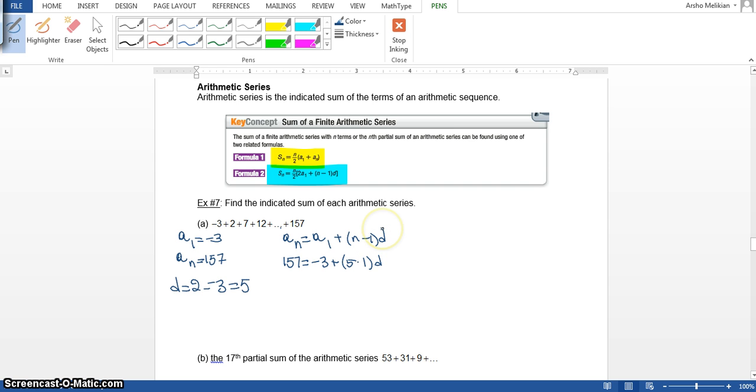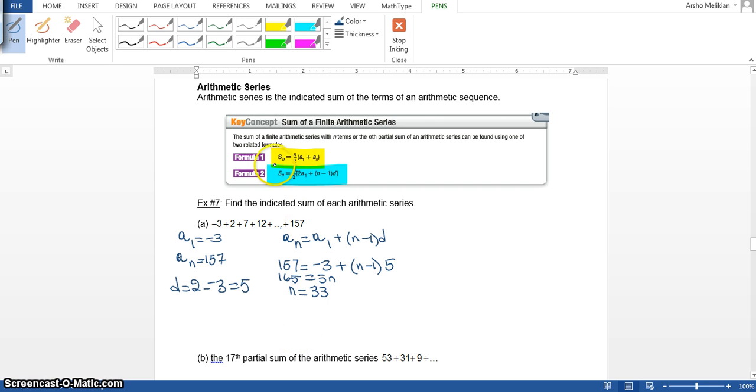Okay, so N minus 1 times 5. It ends up at 165 is equal to 5N, because this is -8, and if you add it here, it'll be 165 equals 5N, so N is equal to 33.